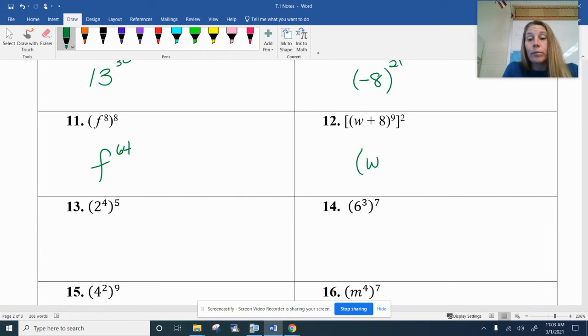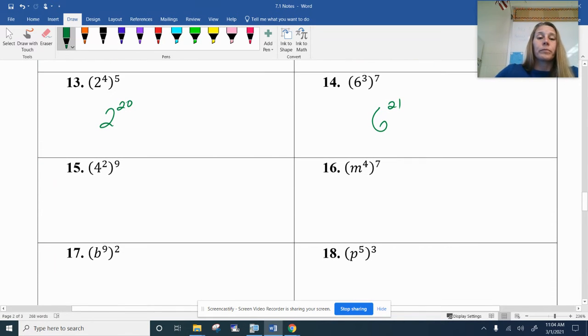Number 12, like I said before, anything in parentheses, leave it as is in the parentheses. 9 times 2 is 18. Number 13, 2 to the 20th, because 4 times 5 is 20. 14, 3 times 7 is 21, so we have 6 to the 21st power.